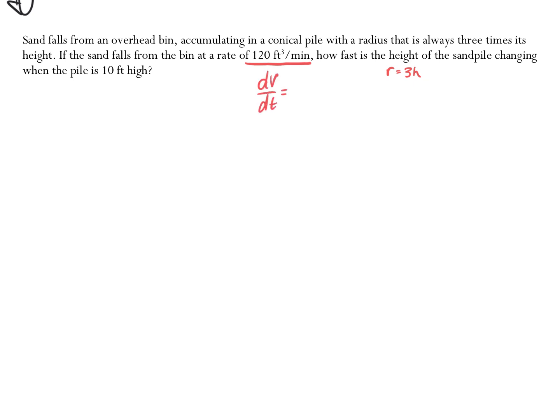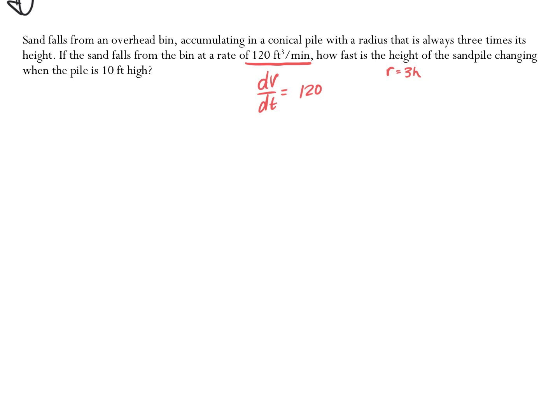So I know dV/dt is 120 feet cubed per minute. You can use that unit to see that this is a dV/dt. And the minute I know that it is a dV/dt, that tells me what my relationship is going to be. It's going to be the volume relationship.